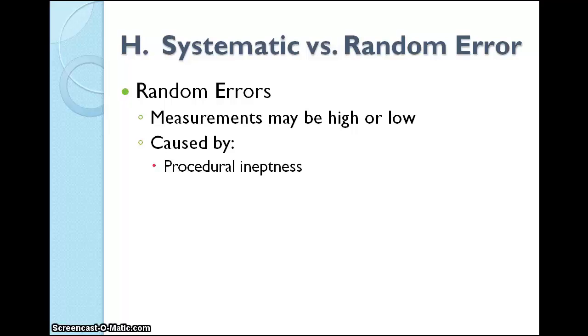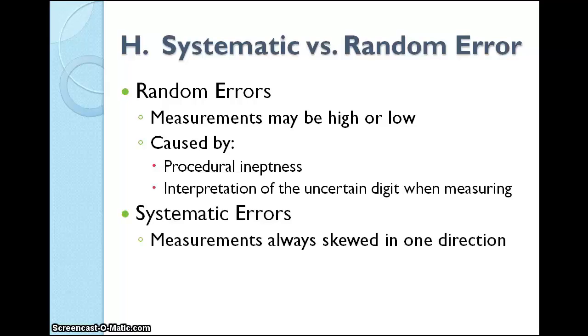These could be caused by just procedural ineptness, but it's something that you are not aware of that you did. It could be something hypothetical that you could then go back and see why, and how it is that we determine what could have happened. This is when you're able to statistically look at your data. So you look at the statistics to see where that random error might have occurred.